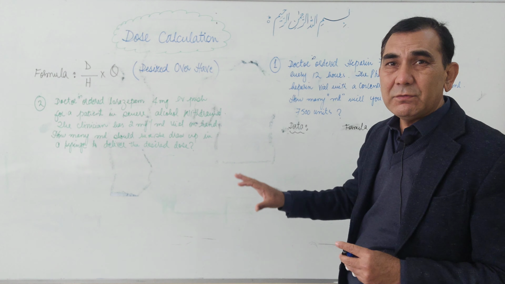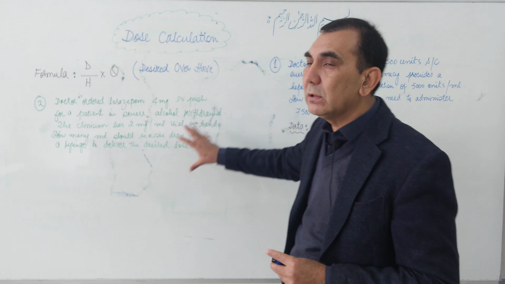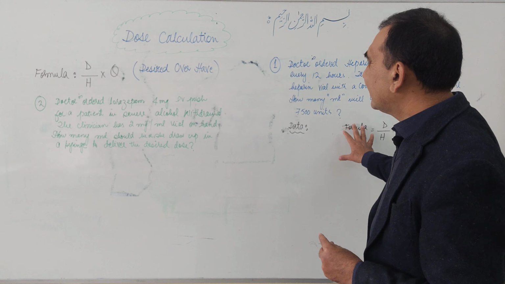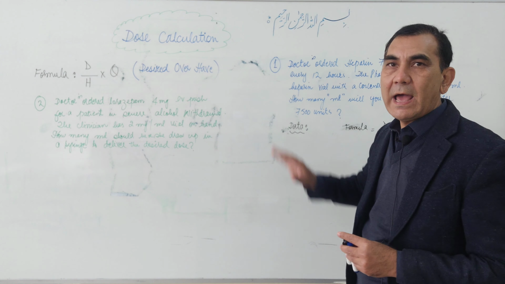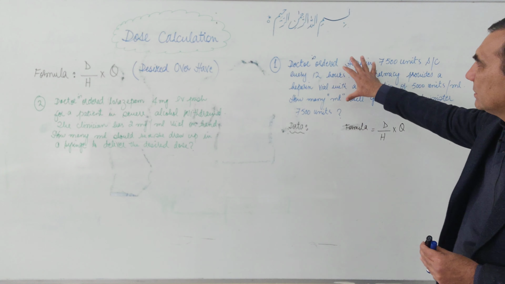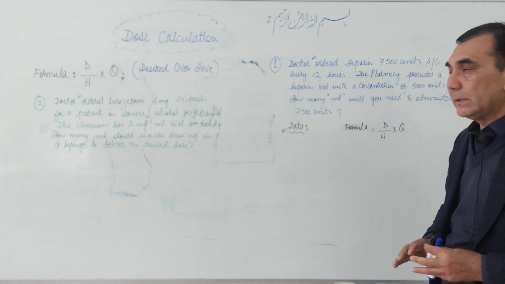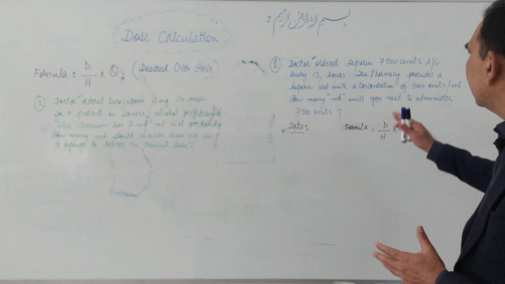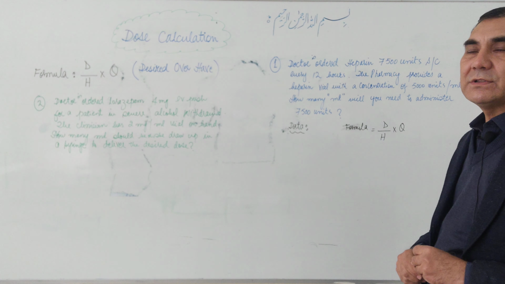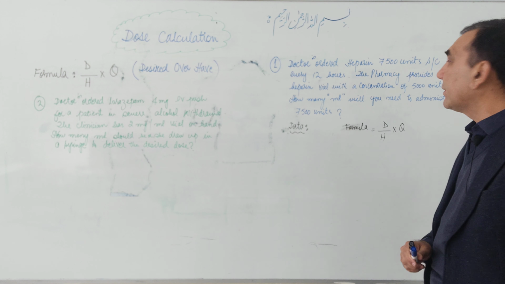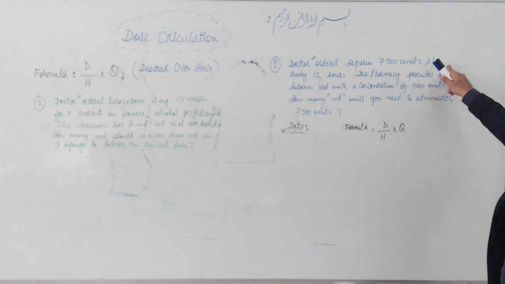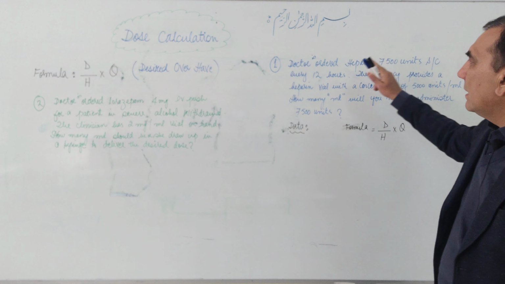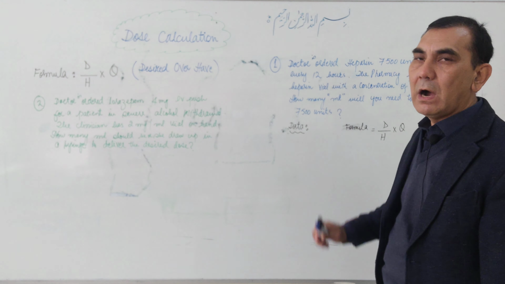Now, in today's session we will solve two numericals using the desire over have method. Let's come to the first example. The doctor has ordered heparin 7,500 units subcutaneously every 12 hours.